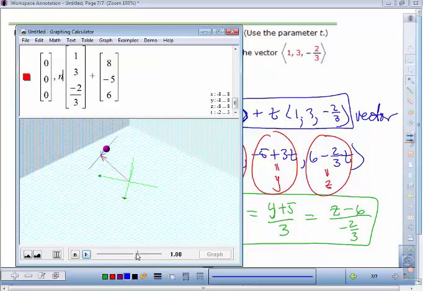And then if you let that t range from minus infinity to positive infinity, then you would draw every single point on that line. Okay? Yeah. So I think that's the general idea behind lines.